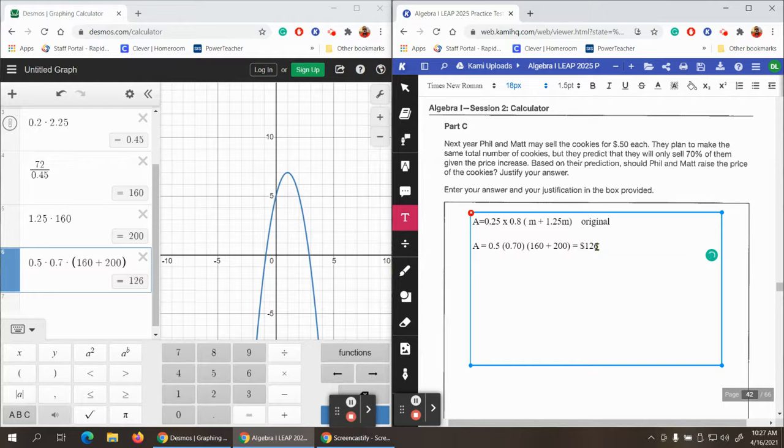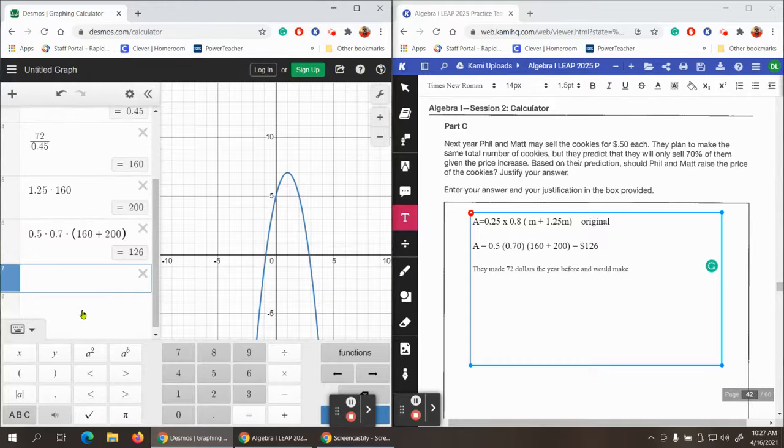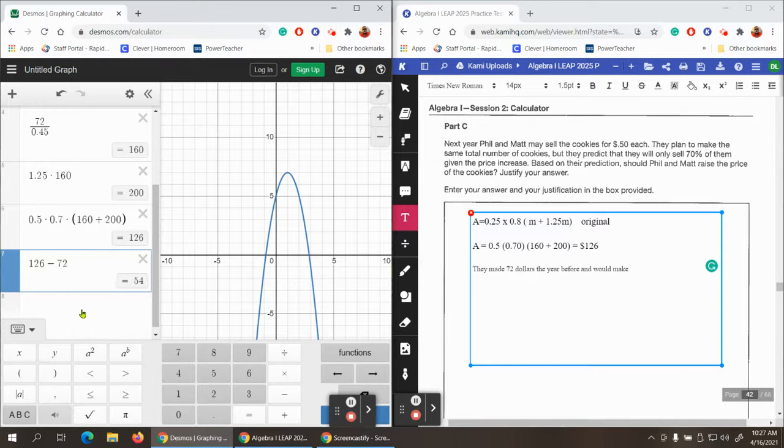So, should they do this? Yes. Why should they do this? Because they made $72 the year before. That's what we got, right? So they made $72 the year before and would make, what is that? 126 minus 72. Over $50, right?